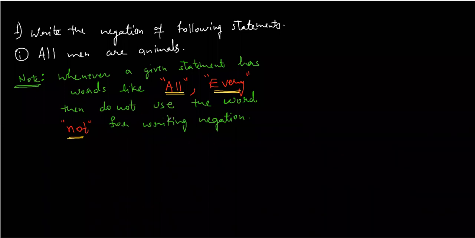Normally what we do, suppose I say, Mumbai is capital of America. This is the given statement. How will you write the negation? You will write Mumbai is not capital of America. Here you are using not to write the negation.